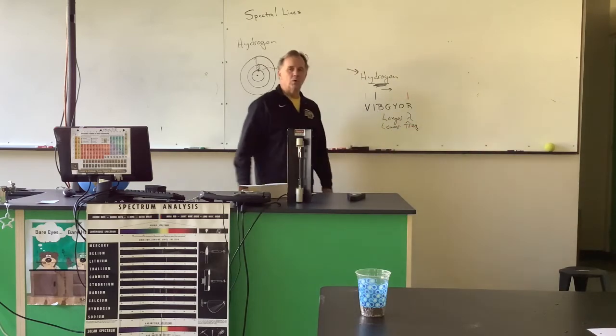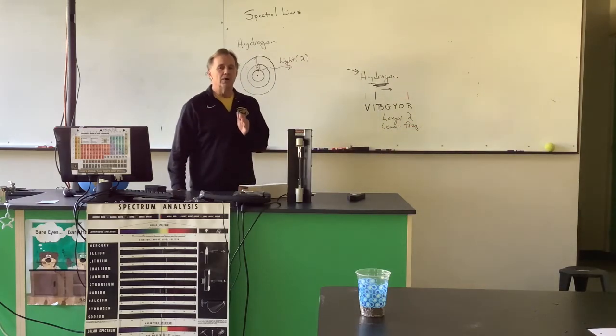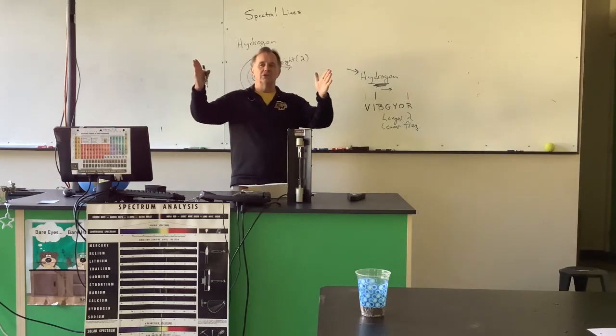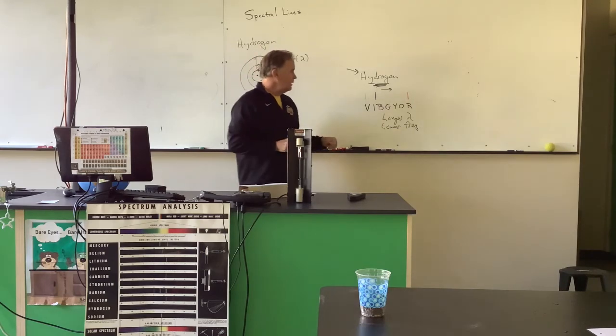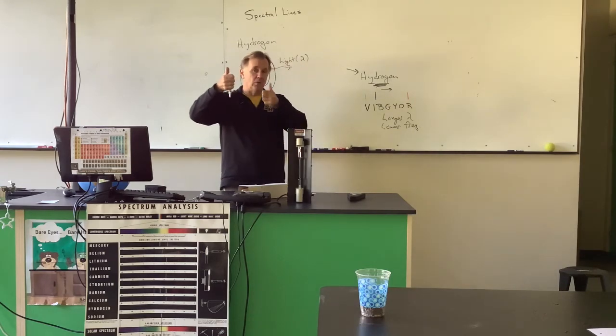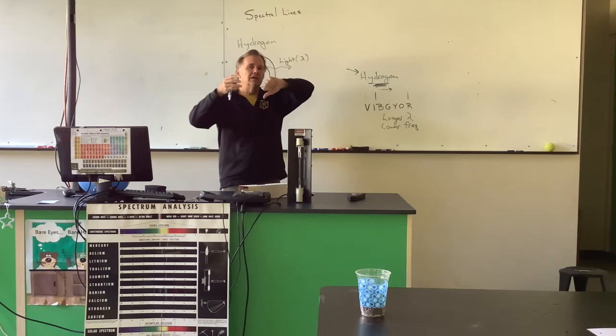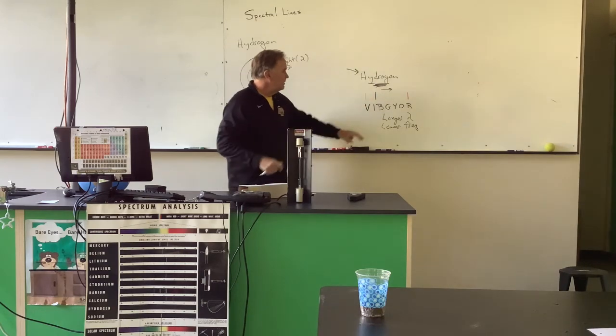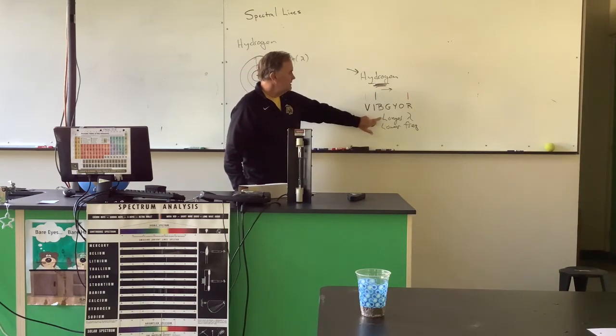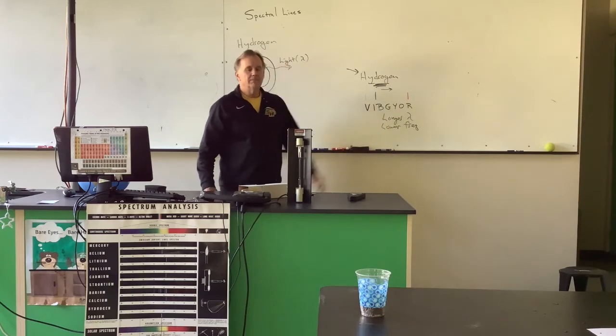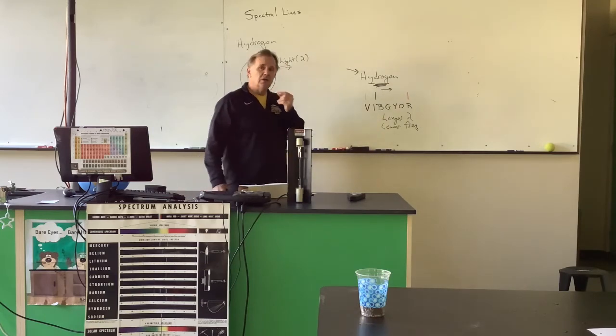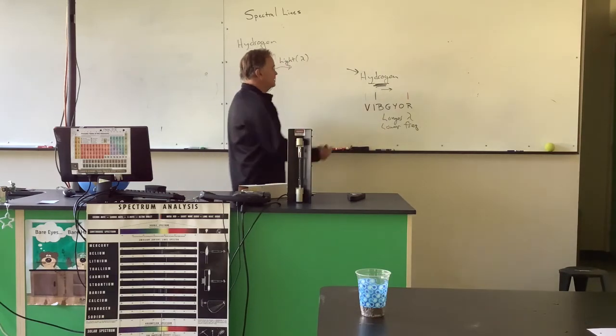If you remember with sound, if objects are moving closer together, the frequency goes up and the wavelength goes down. But as they move away, you go to longer wavelengths and lower frequencies. So this is the major piece of evidence which supports that.